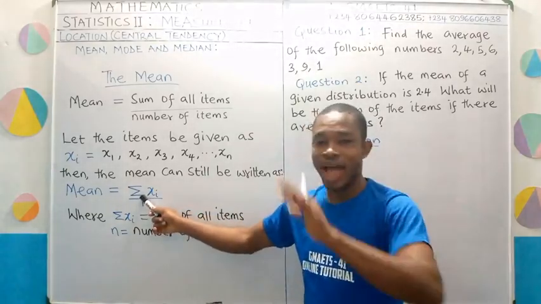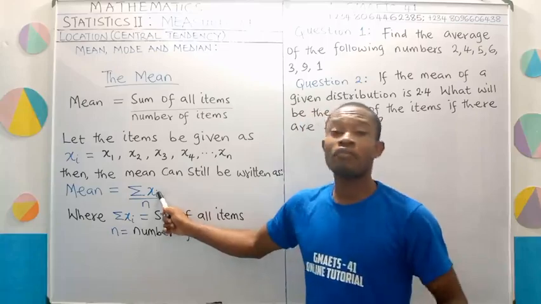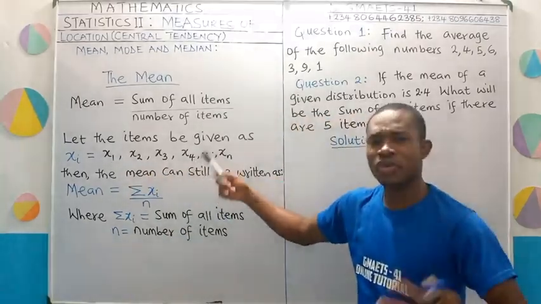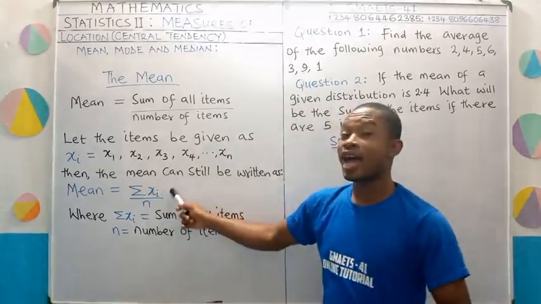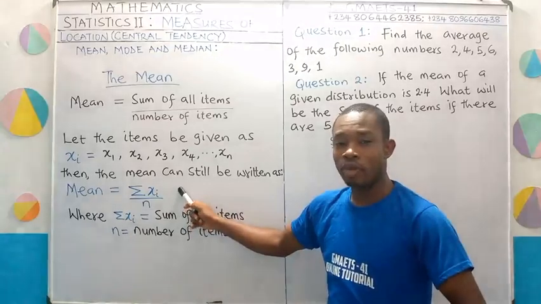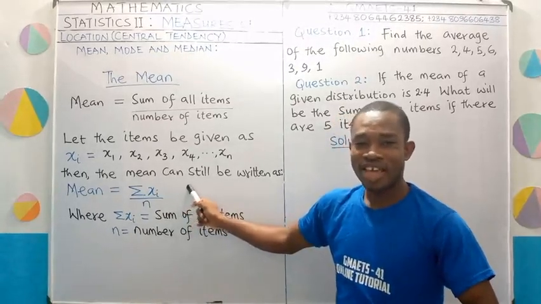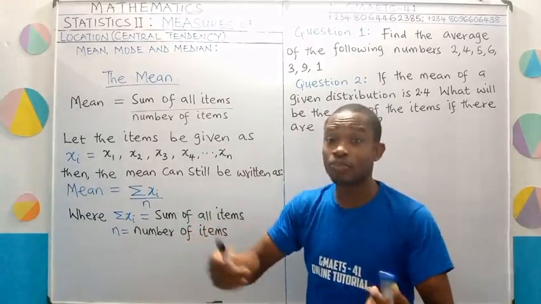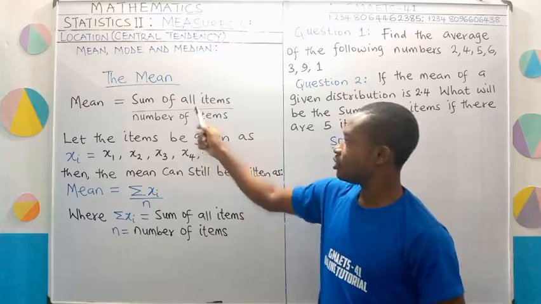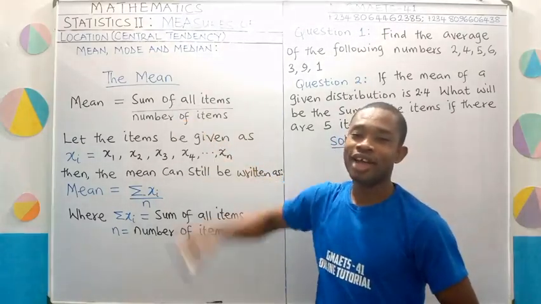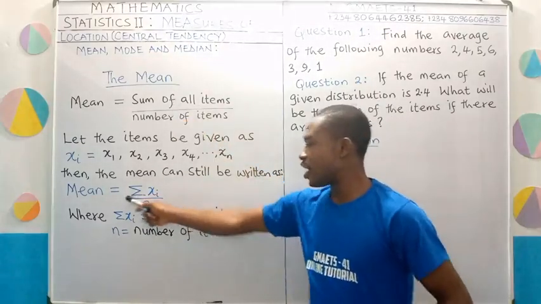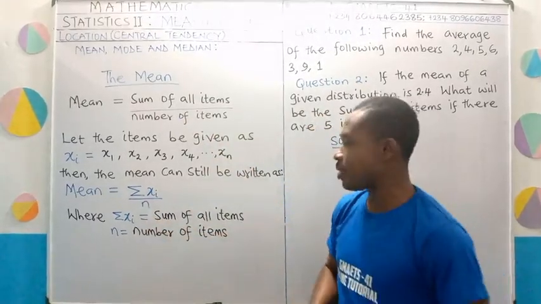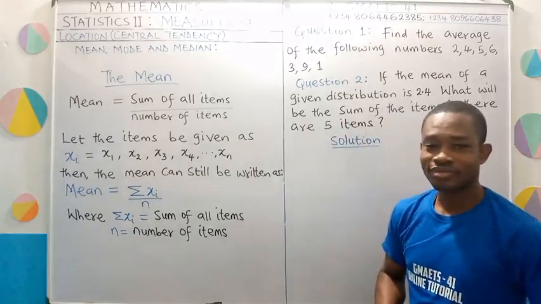Summation means add up all values of xi, which are x1, x2, x3, so it's summation xi. That is x1 plus x2 plus x3 plus x4, continuing down to plus xn. That is the sum of all items. Then we divide it by the number of items. I'm using n to represent the number of items.